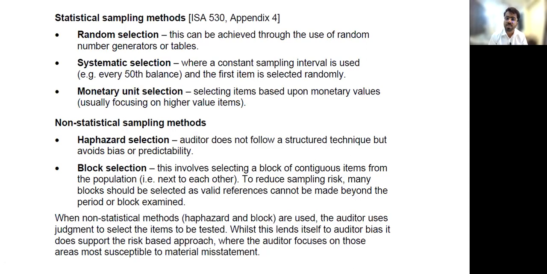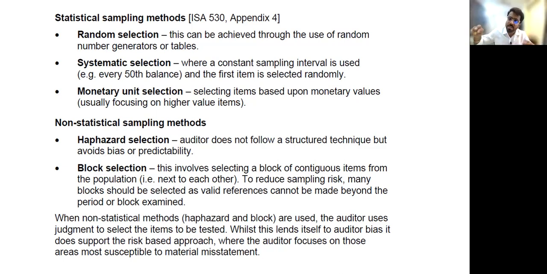What is random selection? You're using random number tables or random number generators, and with the help of them, you're selecting the transactions. Those generators will give you random numbers, and with respect to those numbers, you will select the transactions. Let's say there are 1,000 sale transactions. You list down all the 1,000 sale transactions with serial numbers.